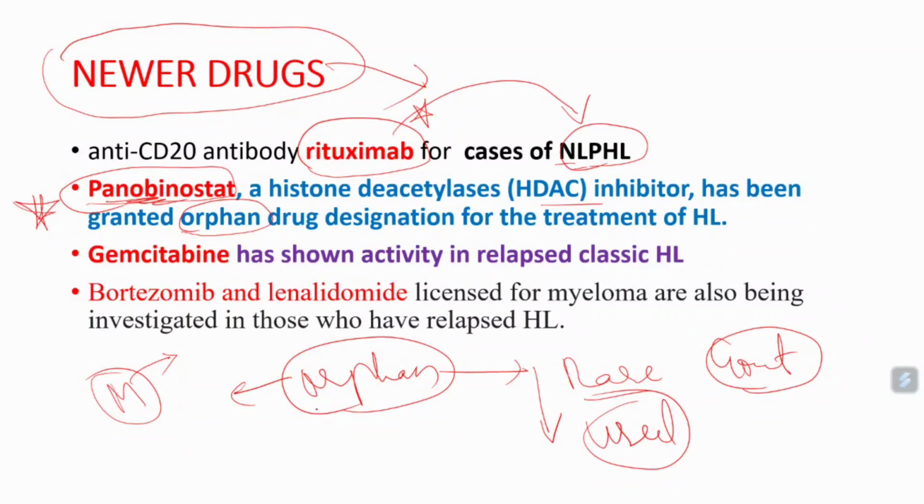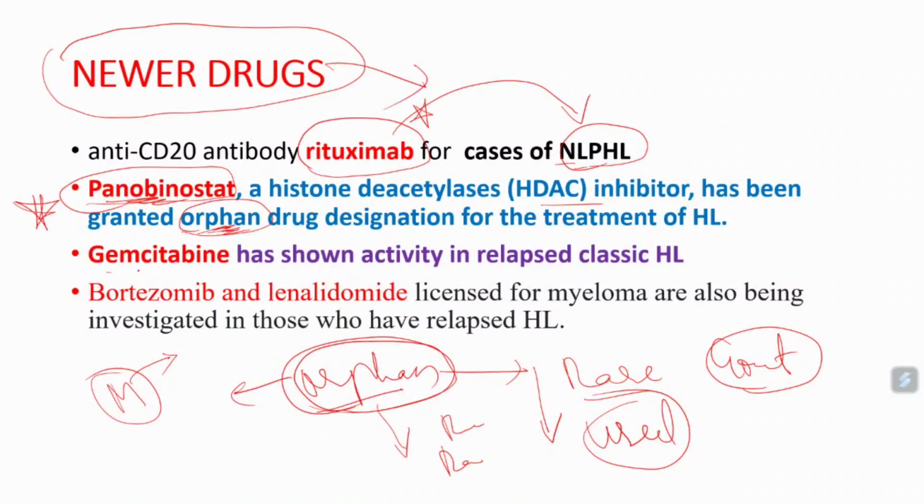That's why orphan drugs are manufactured for rare disease conditions, are used very rarely, and are not easily available. Those drugs are called orphan drugs. So panobinostat is granted orphan drug designation. Orphan drugs are special drugs.